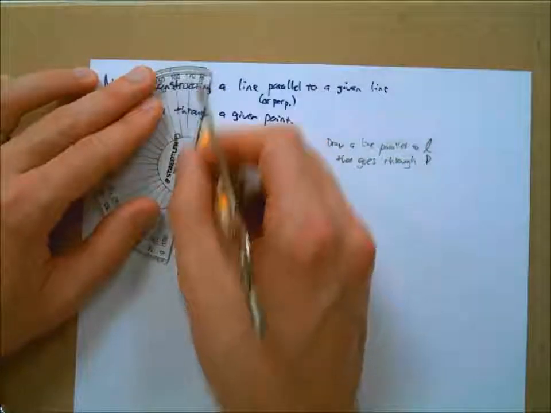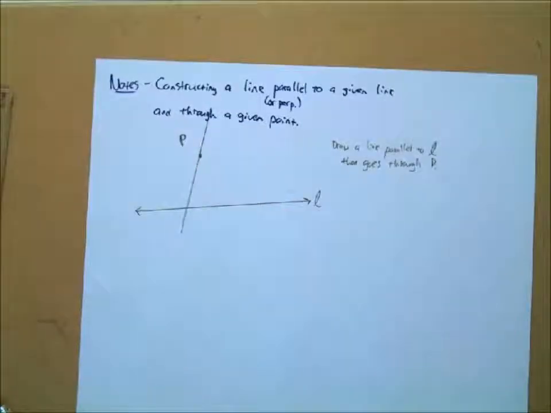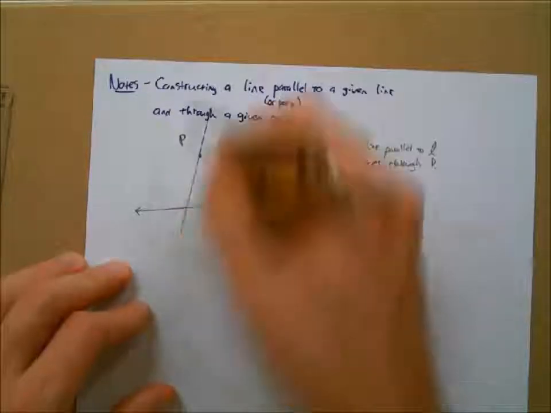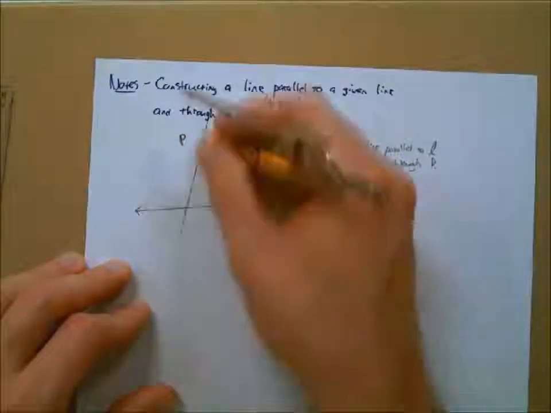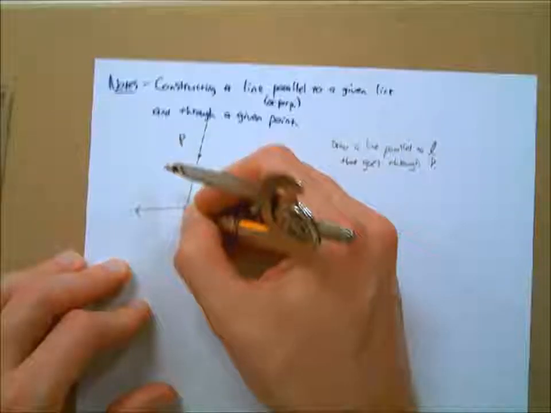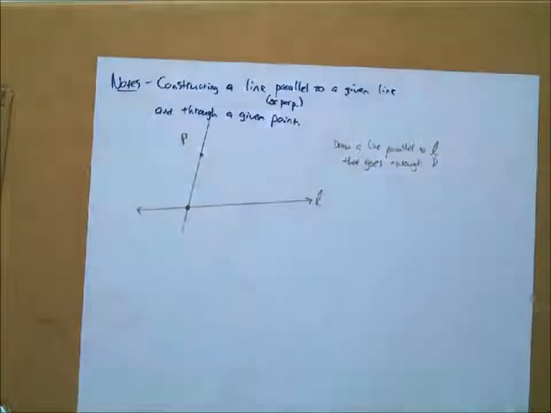Okay, I may need to extend that just a little bit. It doesn't matter where it intersects line L really. I always tend to have it intersect to the left of point P. And I'll just draw another little point right here.